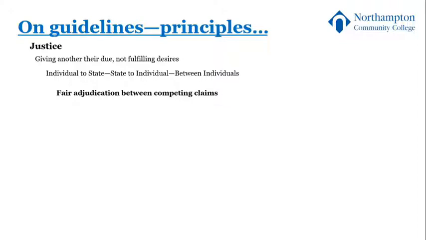So we have legal, distributive, and commutative justice, and there's always going to be some sort of competing claim between these things, which means that this is not always going to be an easy thing to apply. So you can think just in terms of allocation. How do you do justice? Like when during COVID, masks were hard to get and they were at a premium, they had to go to professionals and first responders first.